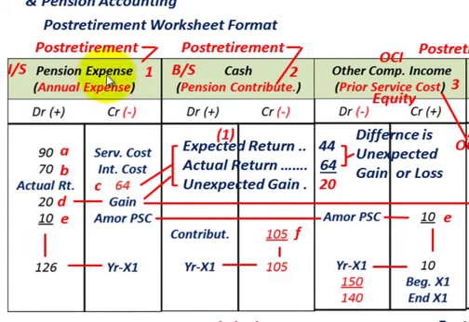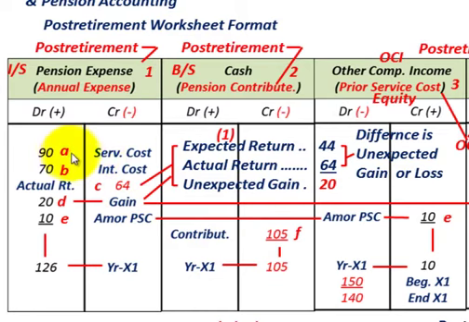So when you're dealing with your post-retirement expense, it would have the same items as pension expense. You're going to have some service cost, some interest cost, then gains or losses on the investment, or the expected return on the investments, and you're also going to amortize some prior service costs.